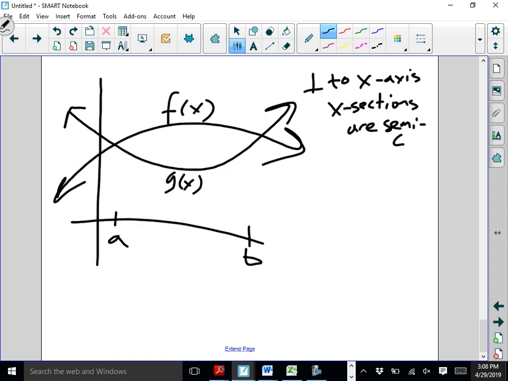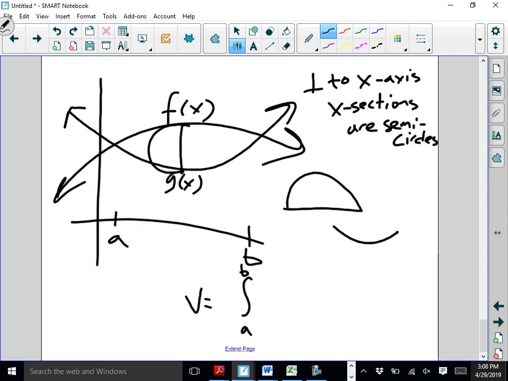So again, the base of the semicircle, the diameter, is in the plane, and it pops out at us like that. So again, my volume is just going to be the integral from left to right of the area of this shape, okay? This shape is a semicircle. What we know is that this distance right here, which corresponds to this distance right here, that's the length f of x minus g of x.